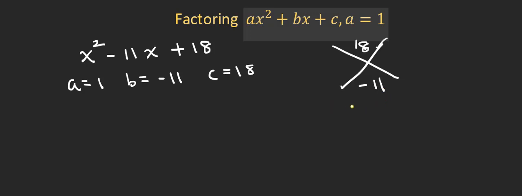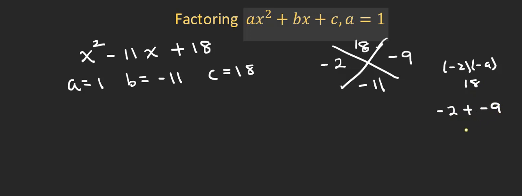Now, what are the factors of 18 such that when you add them, you get negative 11? Well, you know that it has to be negative 2 and negative 9, because negative 2 times negative 9 is positive 18, and negative 2 plus negative 9 is negative 11.